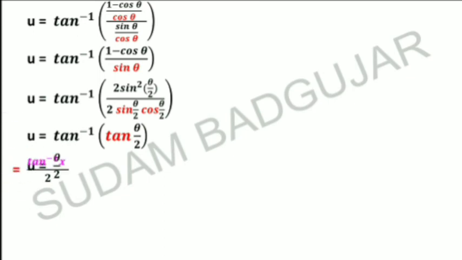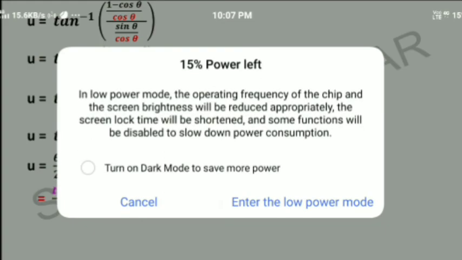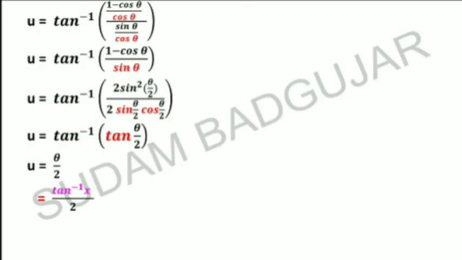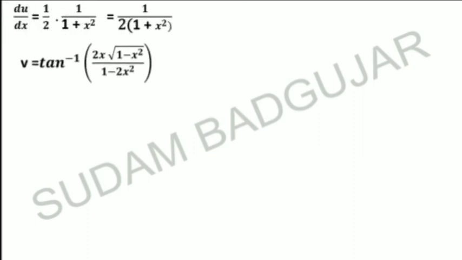Resubstitute theta, that is tan inverse x upon 2. So du by dx is equal to 1 upon 2 into bracket 1 plus x square. Okay.